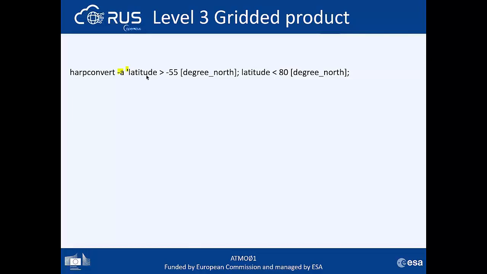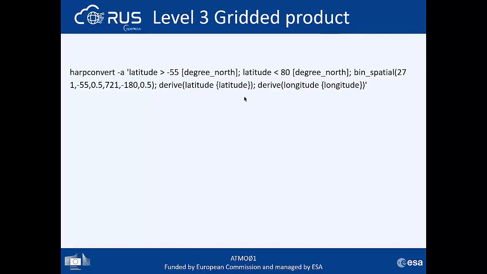Then to write the second one, we put the semicolon and we keep adding the next one. In this case, the bin spatial. Again, semicolon at the end. And then we put the derived. Once you have put the complete list of operations to be applied, close the quotation in order to make the software understand that this is the end of the tools that have to be used to process the data.